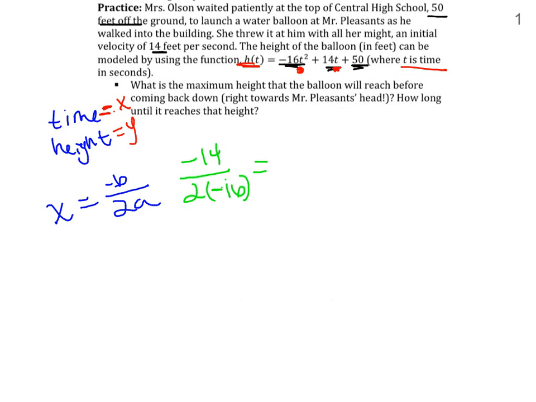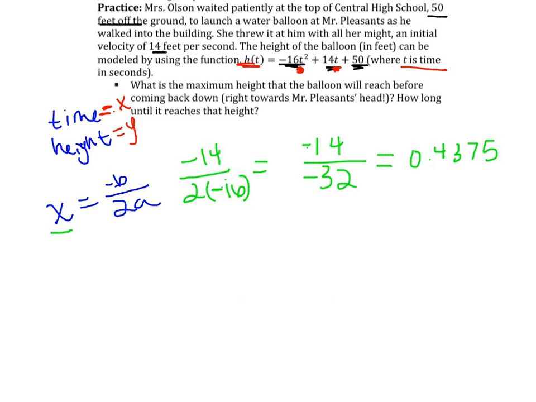So what we should have here is negative 14 over negative 32, which will give us an x value of 0.4375.